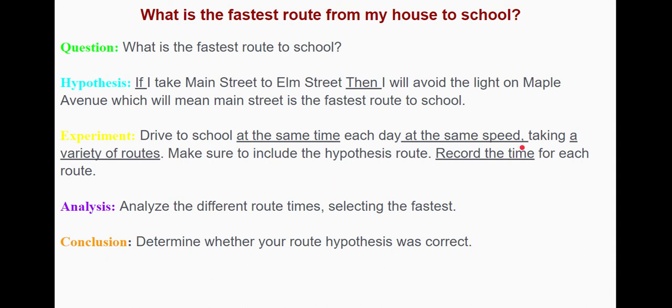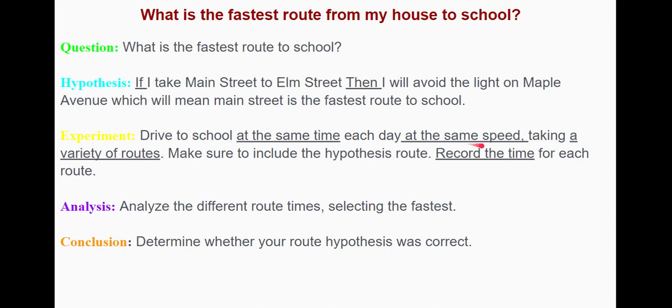If I take Main Street to Elm Street and I'm going 55 miles an hour, as opposed to hitting the light on Maple Avenue and going 65 miles an hour, the times might change.